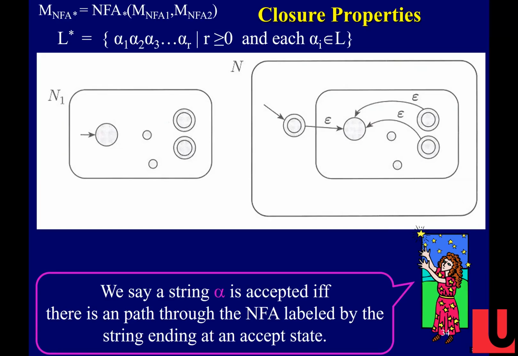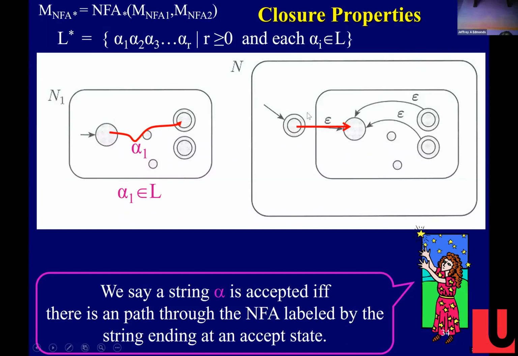Yep. Okay, now let's try to prove that it works. We have to prove that if something's in the language, then this machine is going to accept it. So suppose we have a string that starts with alpha 1. Then there'll be a path for alpha 1.